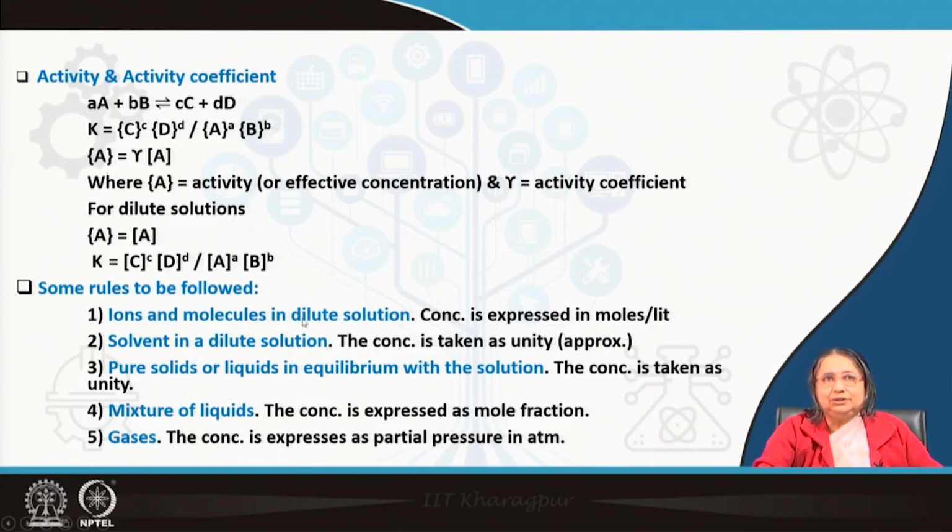So, it is the aqueous solution, and there we have to use the concentration of ions in terms of moles per liter. Now, for the solvent in a dilute solution, the concentration is taken as unity. There is some solvent in a dilute solution, so for this we have to take the concentration as unity.